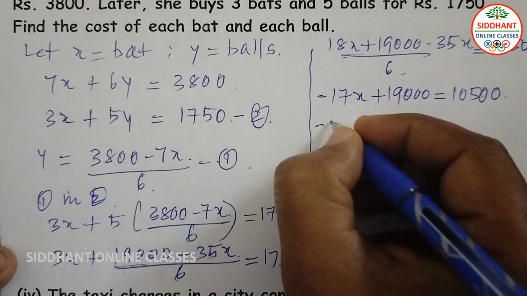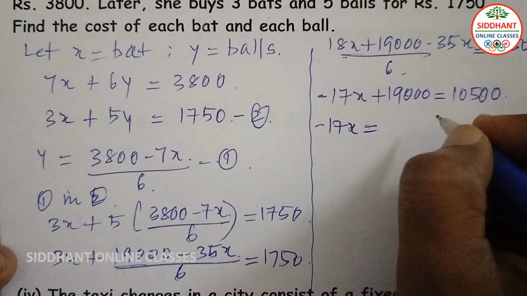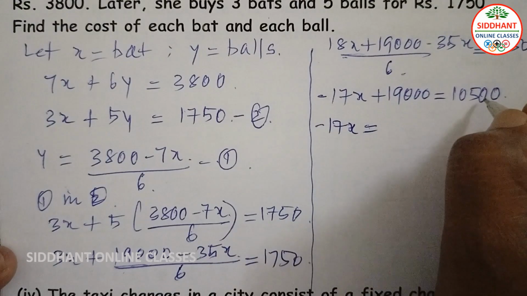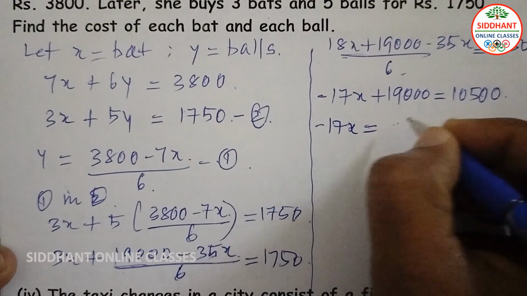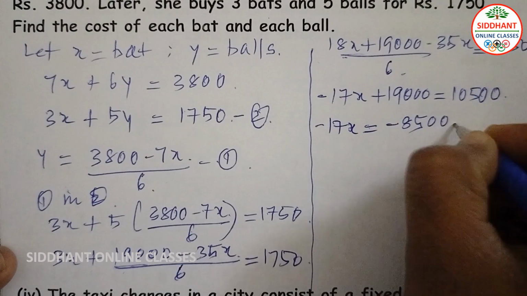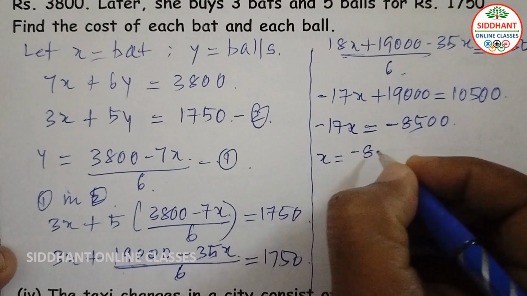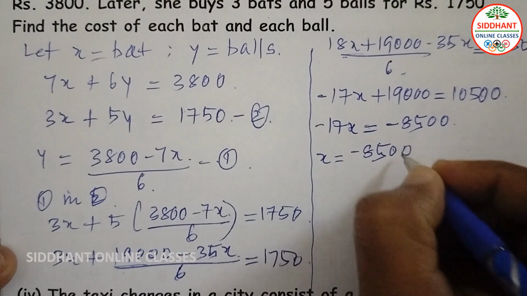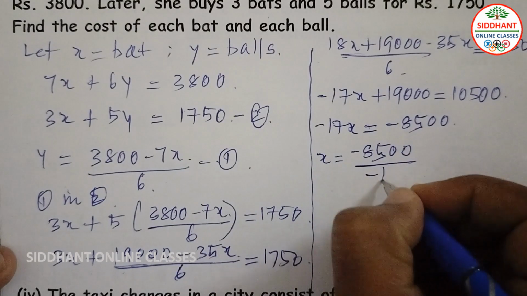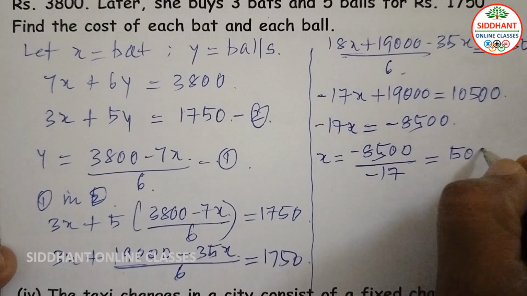So now minus 17x equal to 19,000 minus 10,500, which will become minus 8500. Then x equal to minus 8500 by minus 17, so that equals 500.